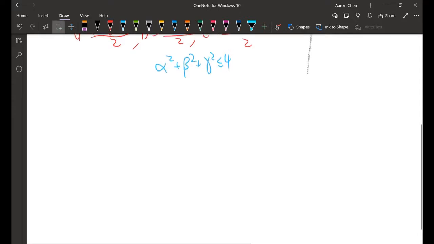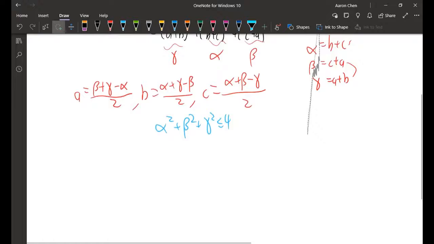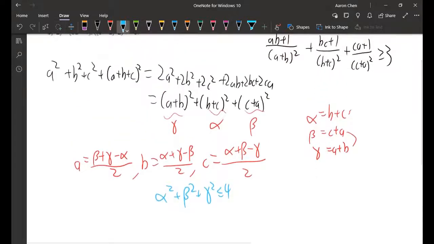And so now we look at this left-hand side. So the left-hand side is ab plus 1 over (a plus b) squared plus bc plus 1 over (b plus c) squared plus ca plus 1 over (c plus a) squared.